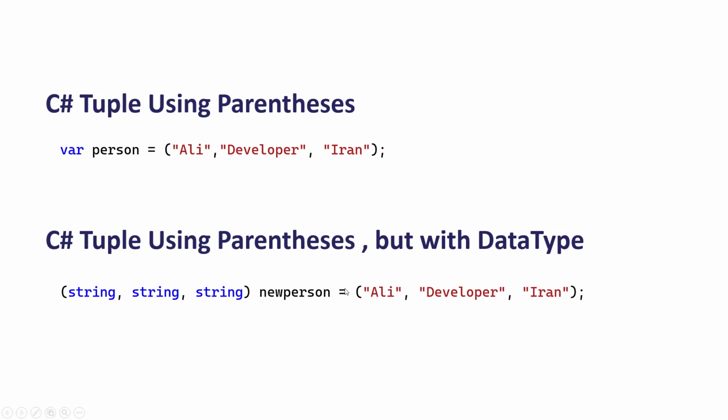This way also is using parentheses, but we mention the types like this. C# developers are so evangelist about the types. So if you are worried about the types, you can mention the type like this. Then the values should follow the type that you already mentioned here.